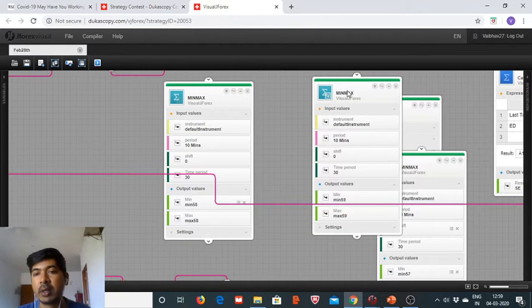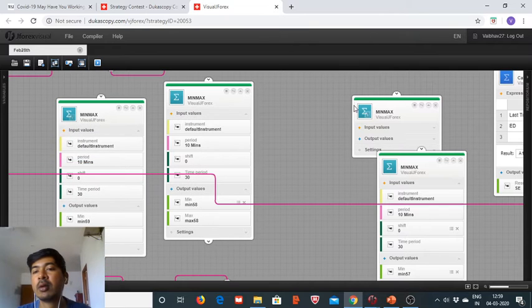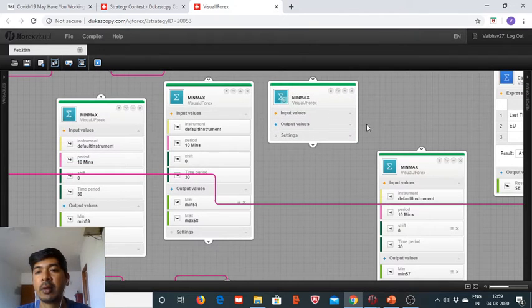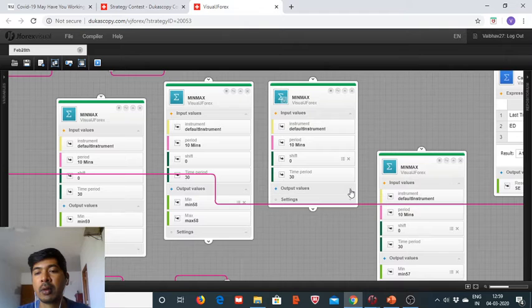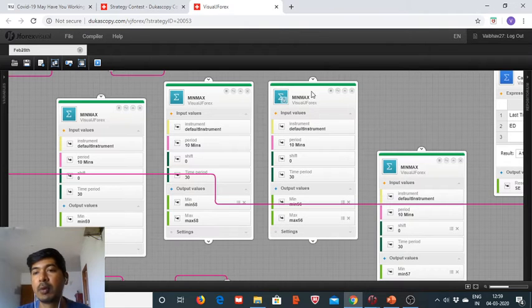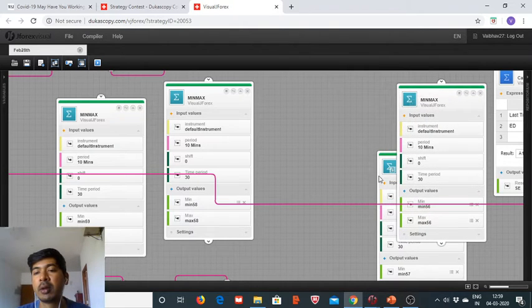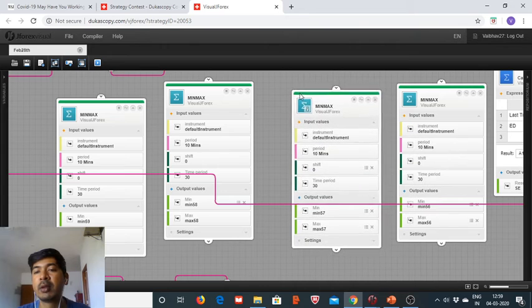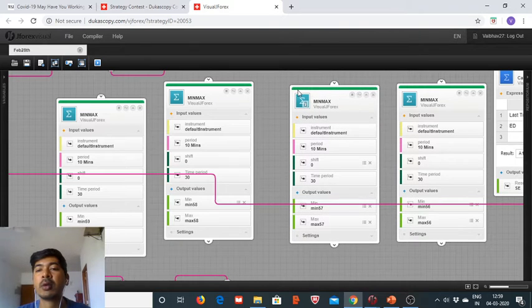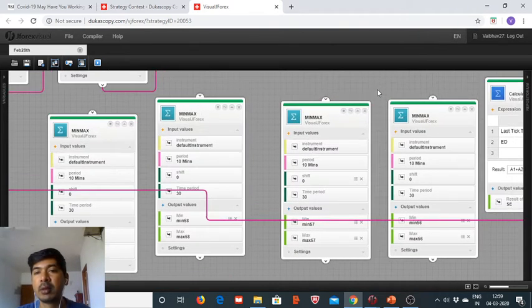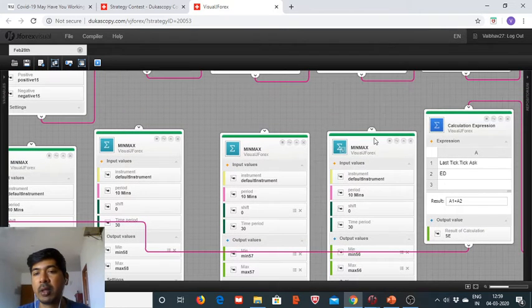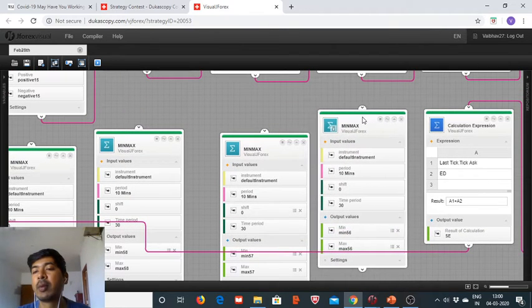We will arrange it as this is 56, so we will place the 56 here, followed by 57, to be followed by 58. So it will be a bit easier for us to remember as well.